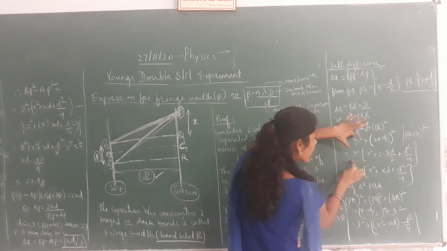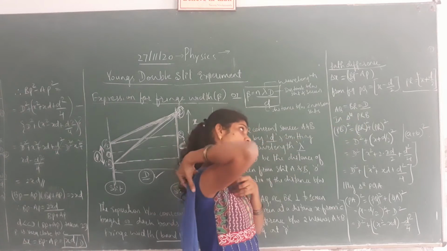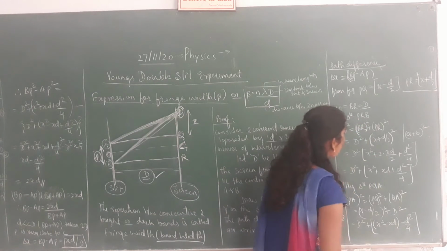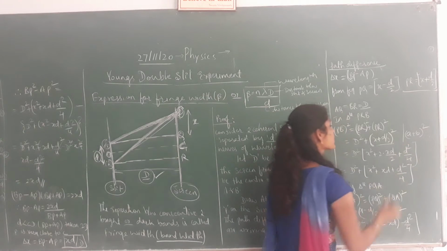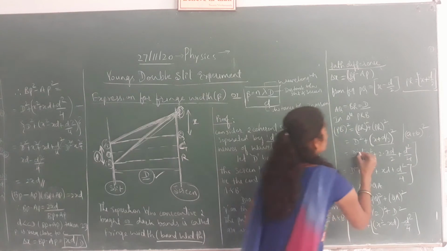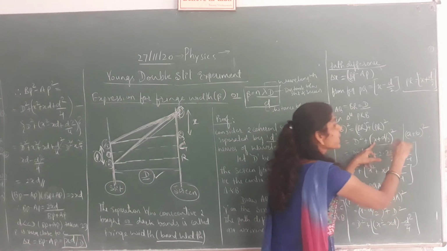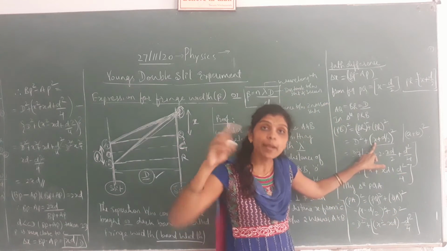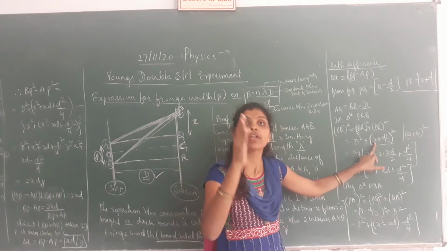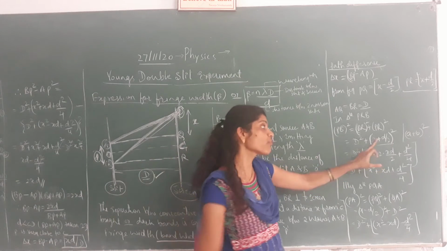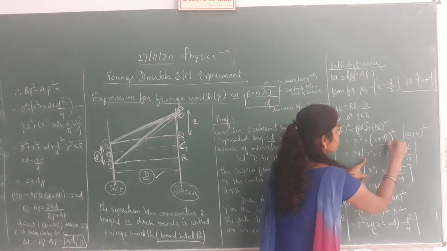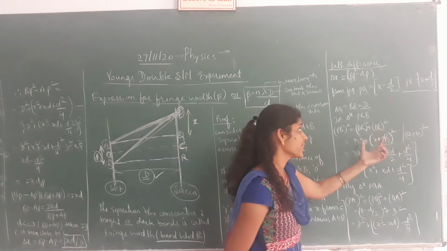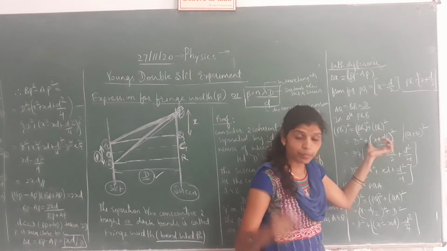Here plus the term in the form of a plus b whole square, which is a square plus b square plus 2ab. This looks like a, this looks like b, and we are expanding in the form of a plus b whole square.